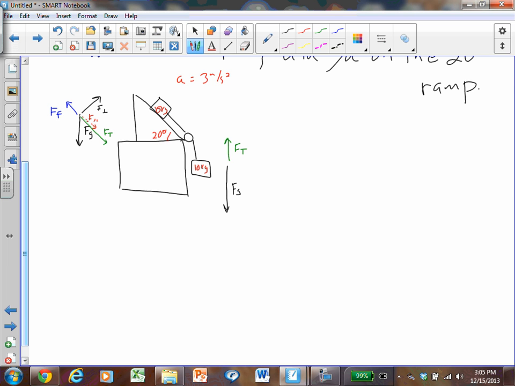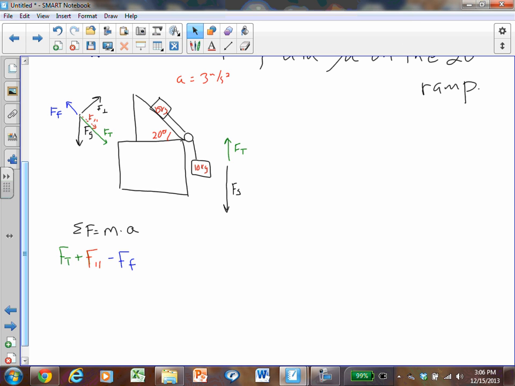The sum of the forces for the first one equals mass times acceleration. And we have the two larger winners are Ft plus F parallel. And those are winning out over friction in the first one, equals mass times acceleration. So let's see what we were given here to solve for this.